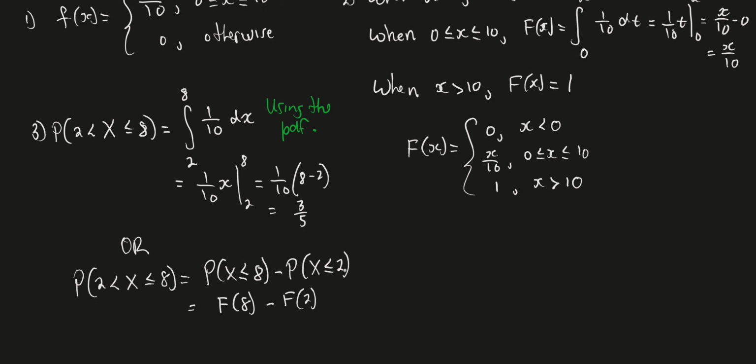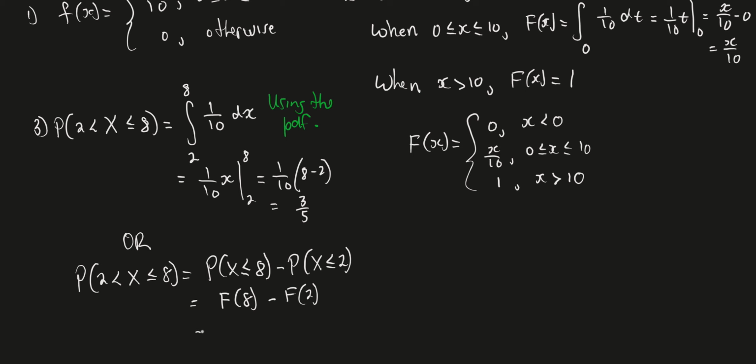Since we computed our CDF, this would be 8 over 10 minus 2 over 10. And if you look closely, that same calculation is right here, because if I factor out a 1 over 10 from this expression, I have the 8 minus 2, which is exactly what I have here. If I went back to first principles and redid the integral and evaluated it at the appropriate limits, I'll end up getting the same 3 over 5.